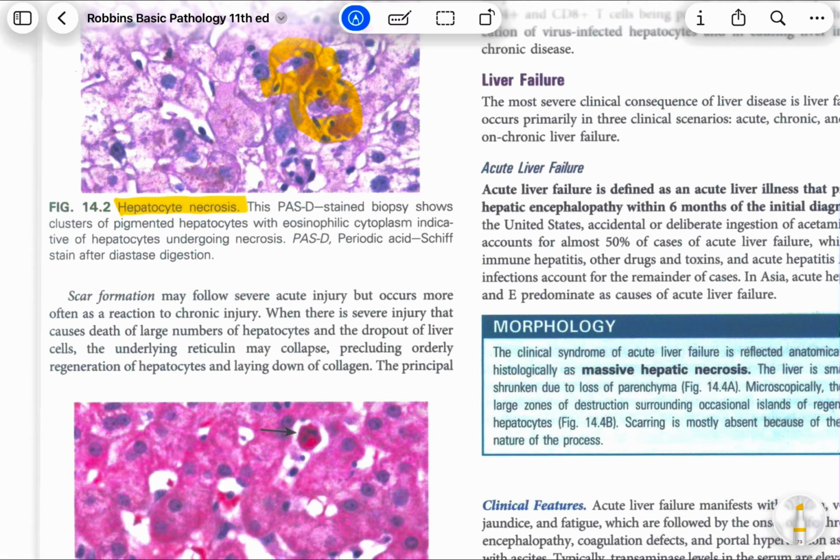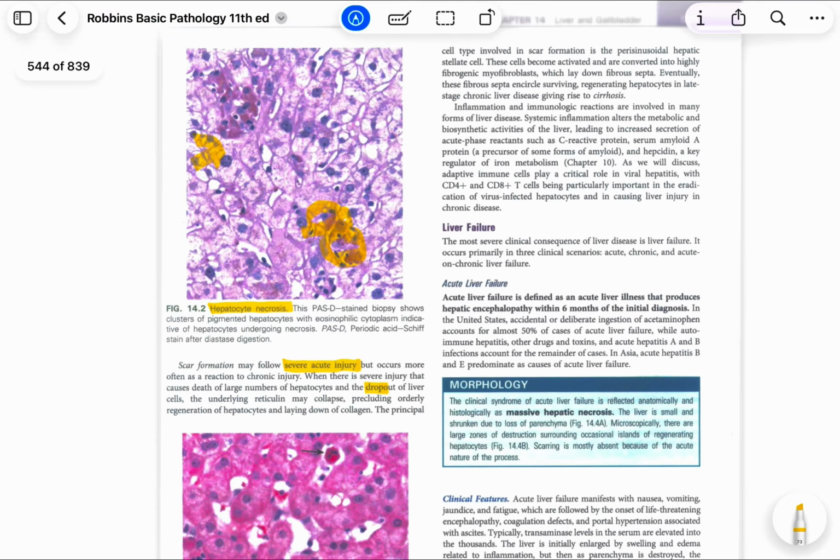Now, scar formation may follow severe acute injury but occurs more often as a reaction to chronic injury. When there is a severe injury that causes death of a large number of hepatocytes and the dropout of liver cells, the underlying reticulin may collapse, precluding orderly regeneration of hepatocytes and resulting in the laying down of collagen.